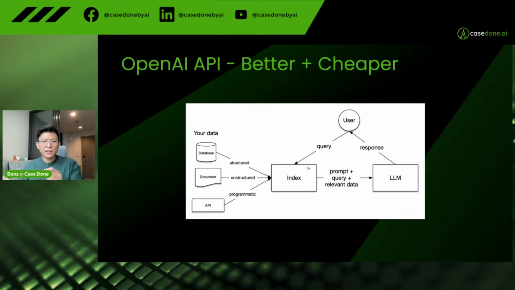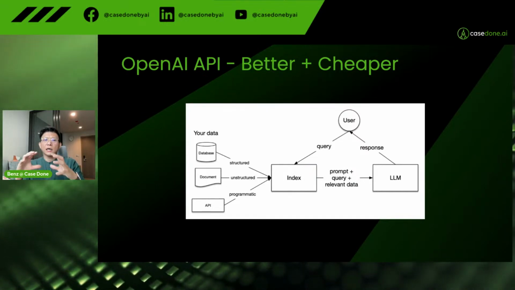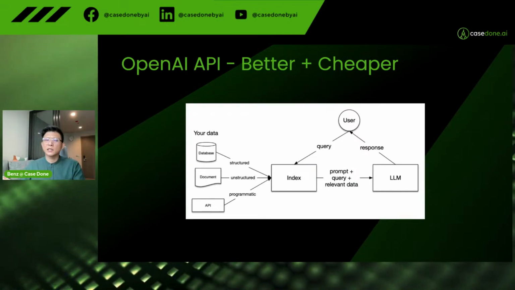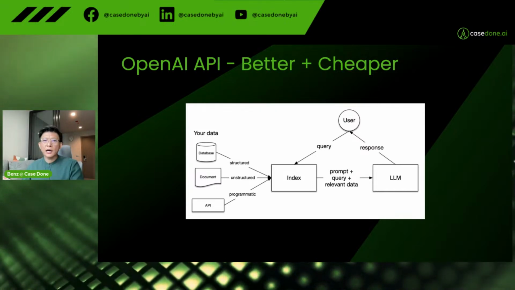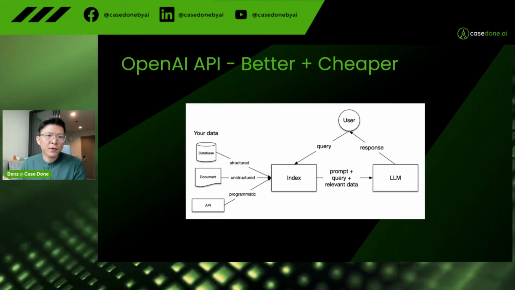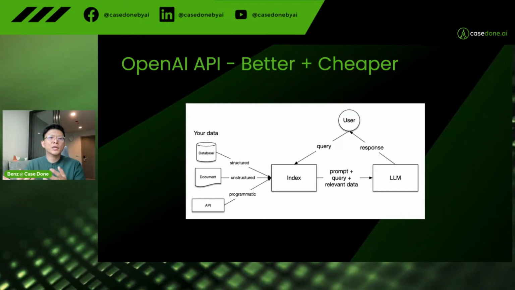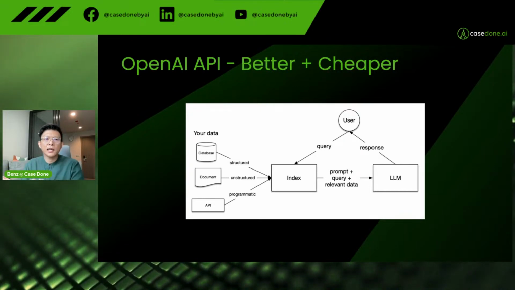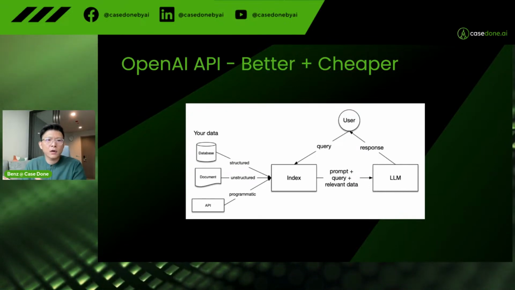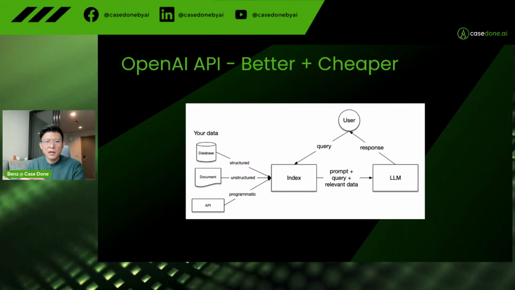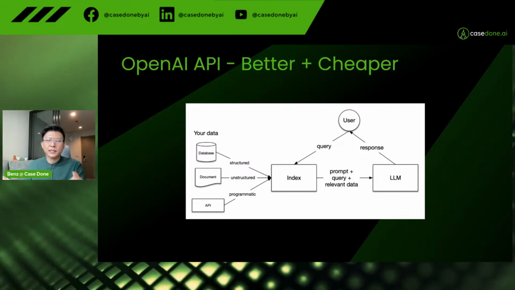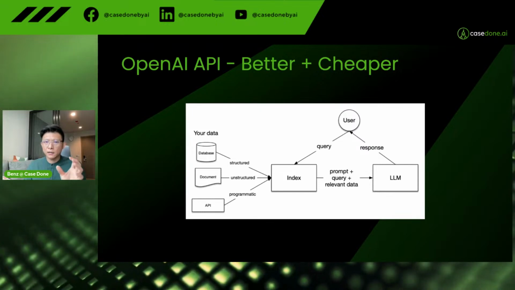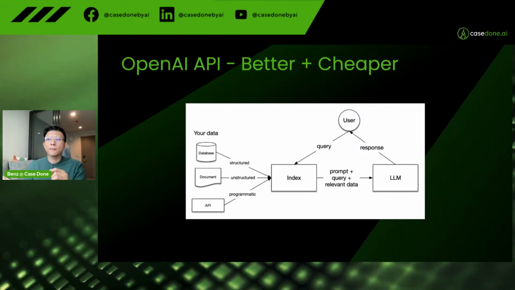So the embedding model is a key component in retrieval augmented generation. Kestan will probably have another session to share about advances in RAG in the future. But for now, this is the idea. The embedding model is working as a core behind the scenes.